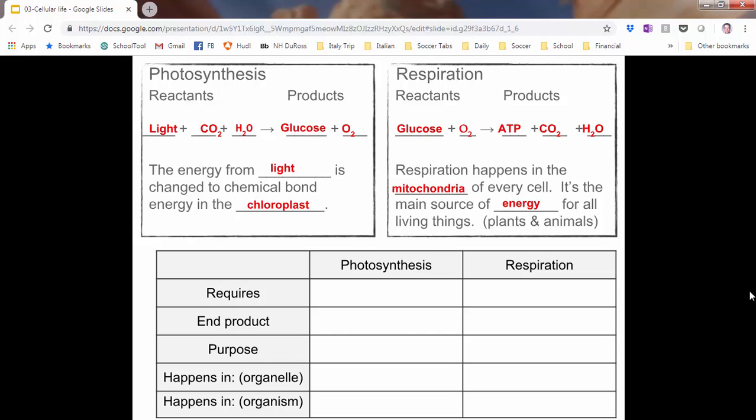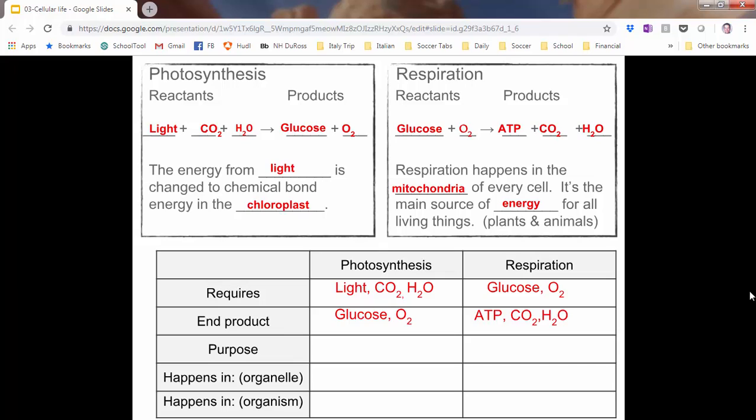So to summarize, photosynthesis requires these three things: light, water, carbon dioxide, whereas respiration requires glucose and oxygen. The end products in photosynthesis are glucose and oxygen. End products of respiration are ATP, carbon dioxide, and water.